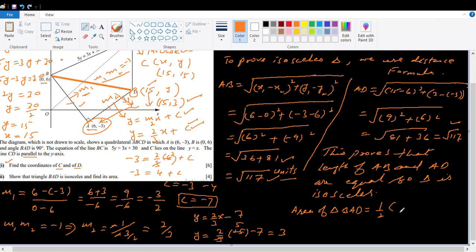So you can write square root 117 and square root 117 because both are equal. When they multiply with each other, the square root is gone. So 117 over 2, and when you cancel, you get 58.5 units square. Okay, I hope everything is clear.